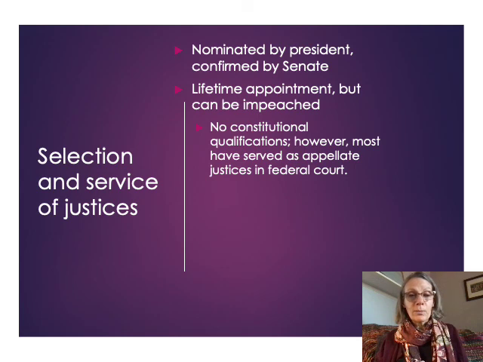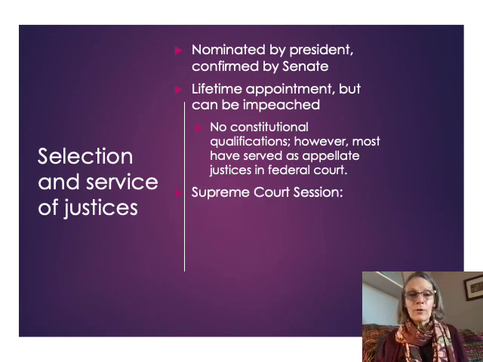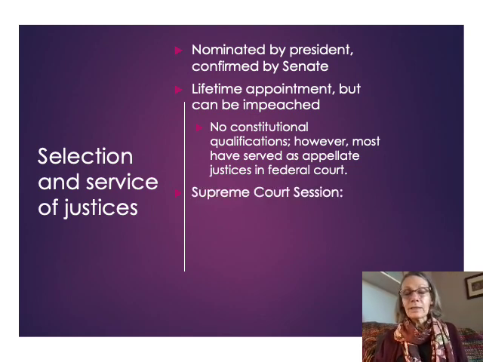Those who serve on the Supreme Court usually have served as appellate judges in the Circuit Court of Appeals, the U.S. Court of Appeals. So while there are no constitutional requirements, there are norms in terms of qualifications that are followed. And if you don't have those qualifications, the chances of you getting confirmed by the Senate are not very high.